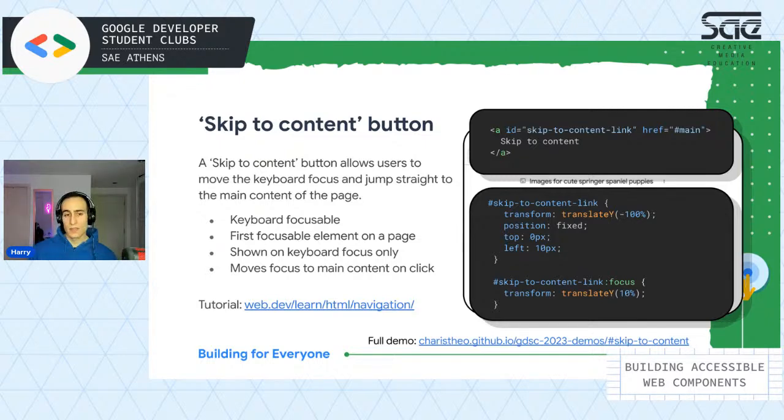It's only focusable by keyboard and can only be shown when it's focused. It should be the first keyboard focusable element on the page, of course, and it should direct the keyboard focus to a specific part of the website upon clicking on it.